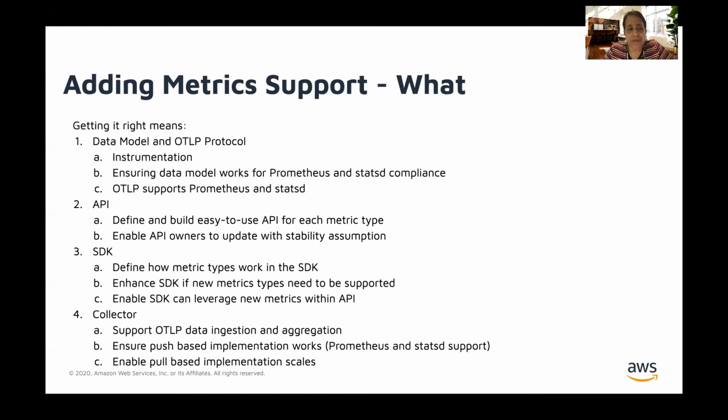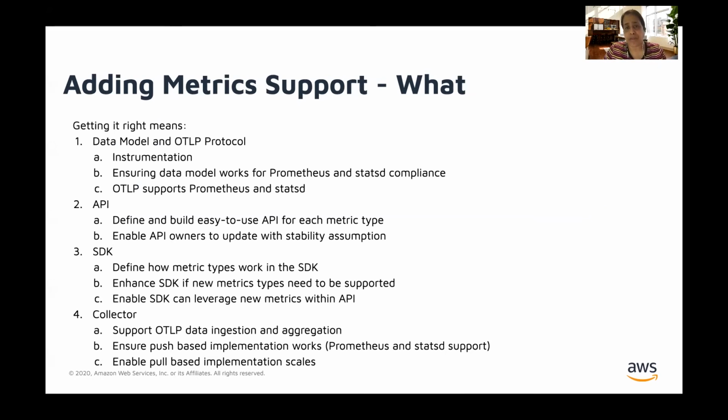Next, the area that we are focusing on is the API, making sure that there is a well-defined API that is available, easy to build, and easy to use for each metric type, enabling API owners to update with stability. Similarly for the SDK, making sure that the SDK can leverage the new metrics that are defined within the API.